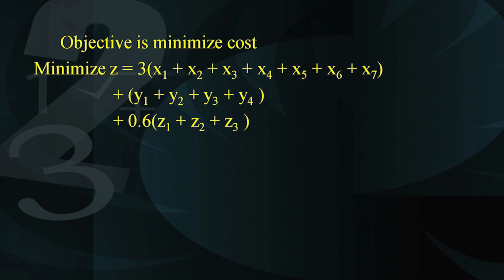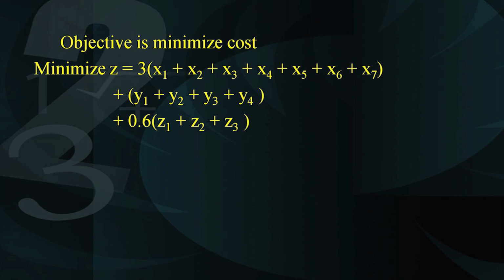This expression has come from the data that is given in the problem, that is the cost of the napkins. The first part of this expression where we are multiplying x1, x2 etc. by 3 is because the cost of the napkin is 3 rupees.